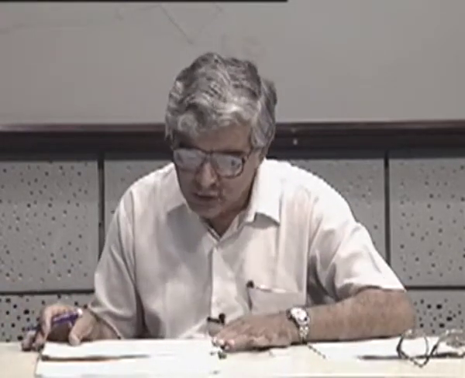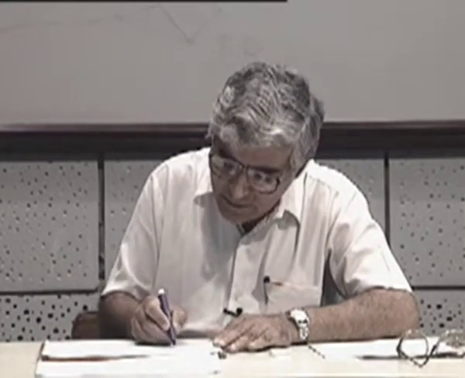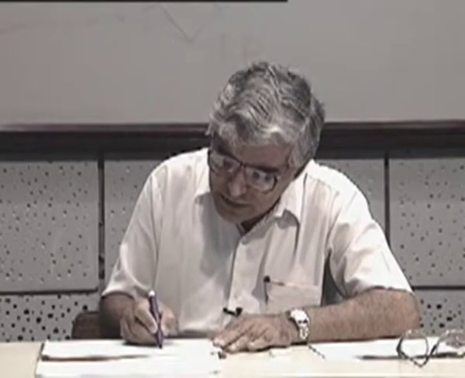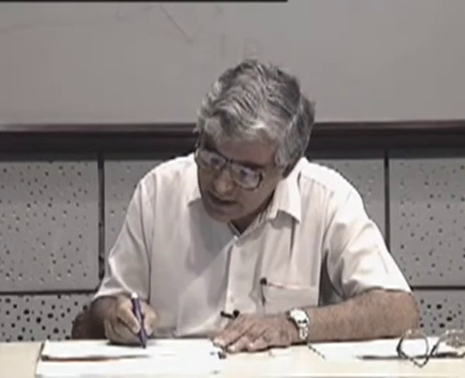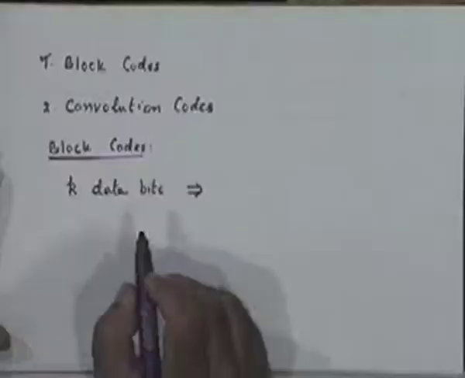So more realistic block codes accumulate information bits up to a finite number, right? Say you take k data bits or information bits. I'll be using the words data bits and information bits rather interchangeably from now onwards, but when I say data, I'm talking of information-carrying data.